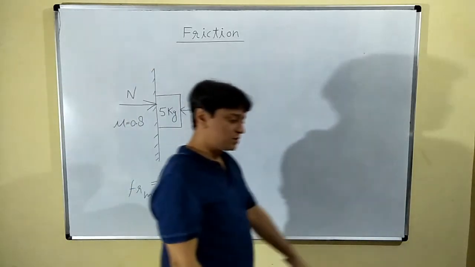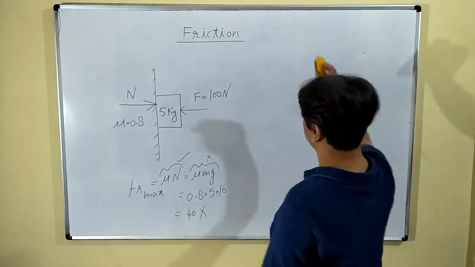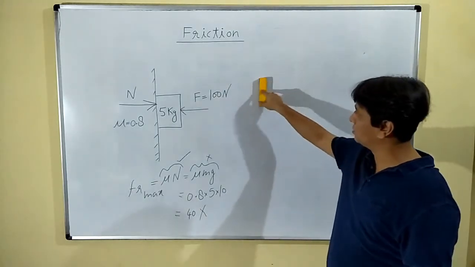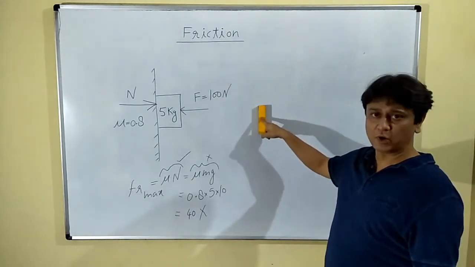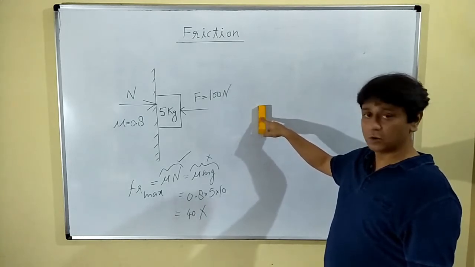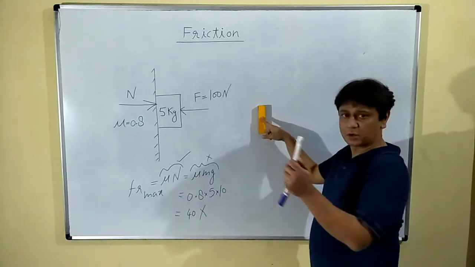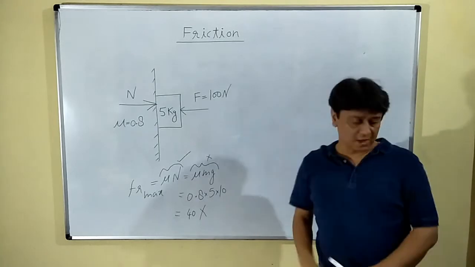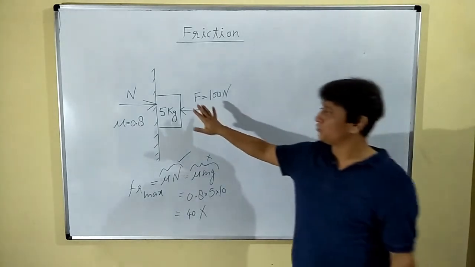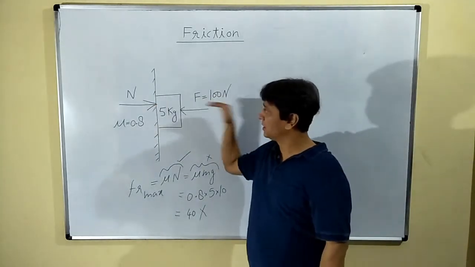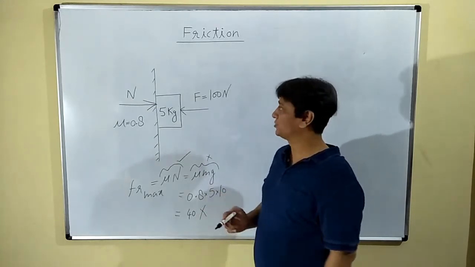If I push this duster like this, then it can move vertically down, but there is no way you can move it horizontally. And that's the same thing happening here. Now, if you cannot move it horizontally, that gives us the normal reaction.